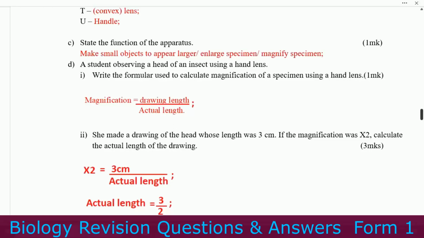You get the answer. Next, she made a drawing of the hand whose length was 3 centimeters. If the magnification was times 2, calculate the actual length. So this is how you calculate it: magnification equals drawing length over actual length.